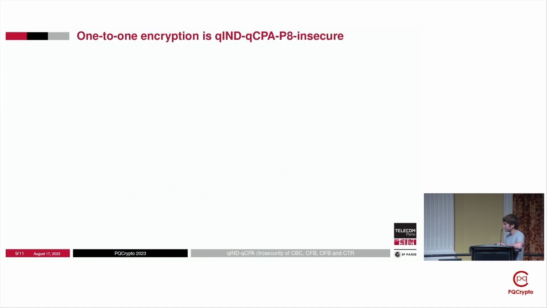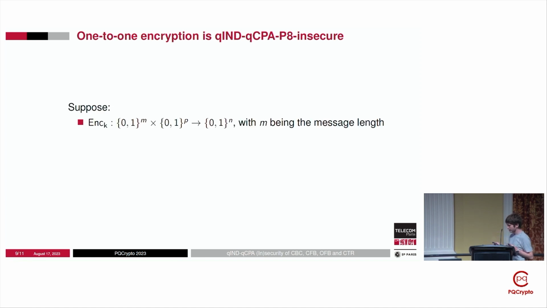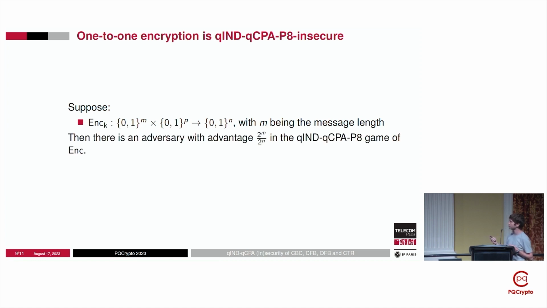Another general result, which actually generalizes a result from Gagliardini et al., is the one-to-one encryption. So suppose we have an encryption function that takes m bits as inputs, p bits of randomness, and outputs n bits. Then we can find an adversary that will have an advantage 2 to the m over 2 to the n in the qIND-qCPA P8 game.